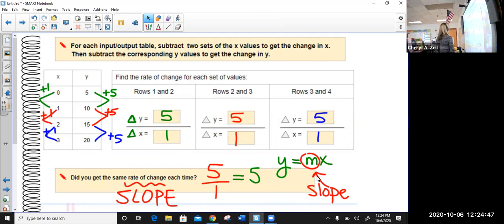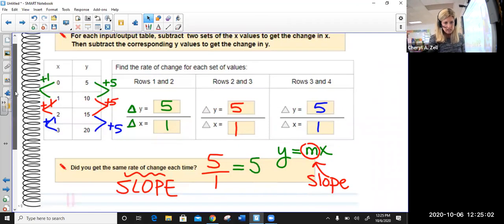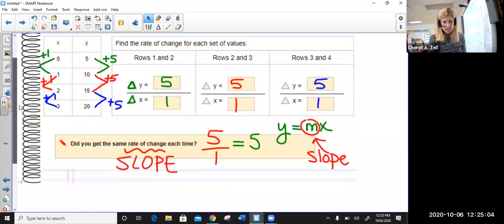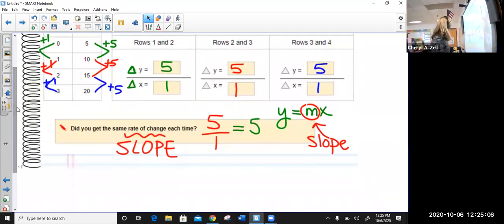So if I said to you, what is the equation for this table? What would you say? So I'll say it again. What would be the equation for this table? Well, I don't need to put in anything for the y, and I'll show you why.